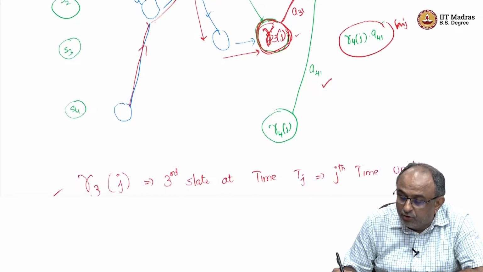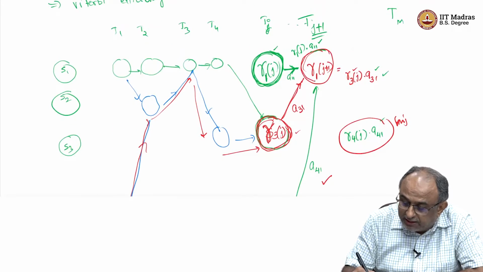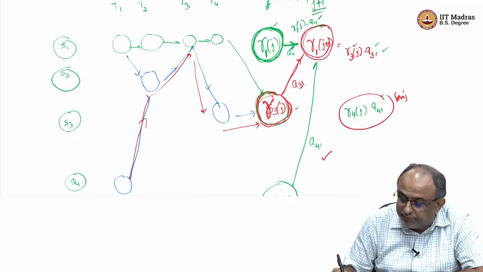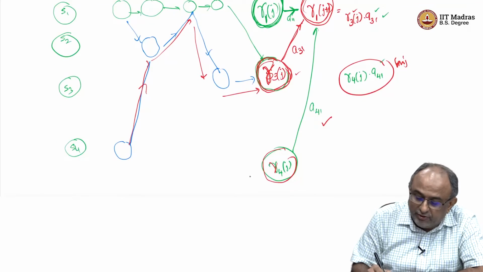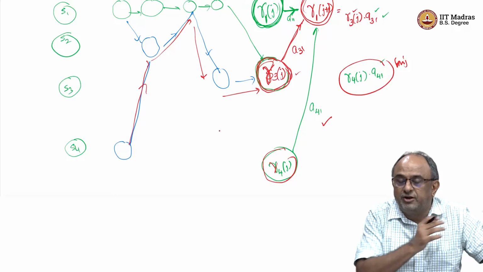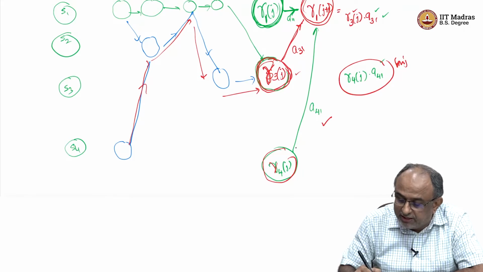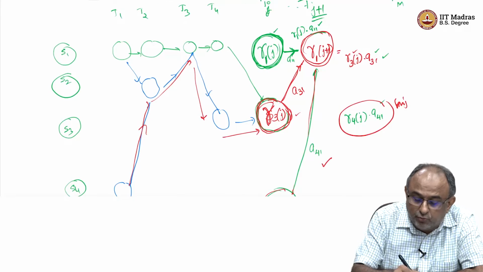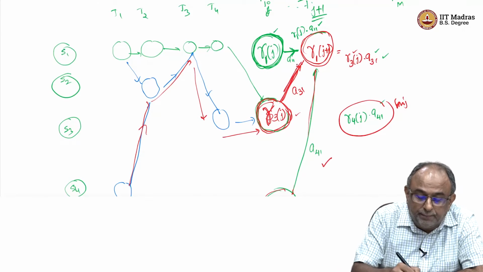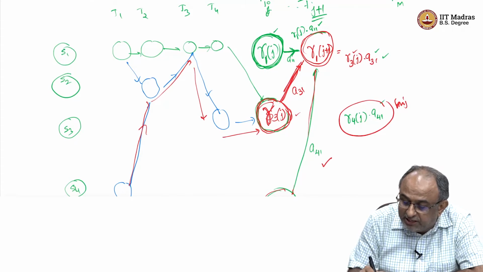Then I know that to come here, the best way I could have got the maximum probability is to first come here, and how I came here is already captured. The history is already captured, and the only thing I have to worry about is comparing this guy with A41, then comparing A31 with this guy, or comparing gamma 1j with this guy.